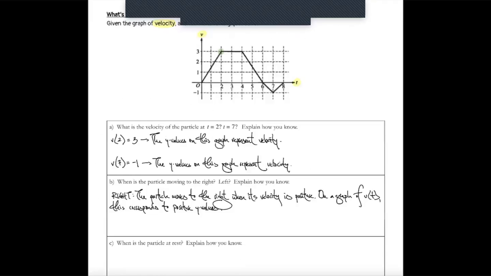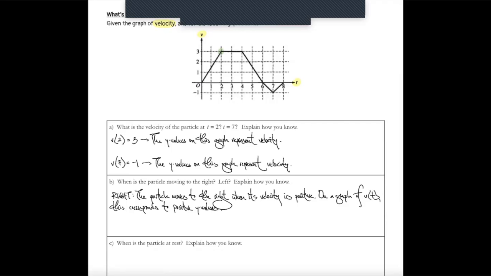Now I'm going to leave that there for just a second so that we can read it and digest it. Because I think a lot of us have been saying, oh, if it's moving to the right, it's a positive slope, and we've made that connection in our brain. What I'm asking you to do right now is disconnect that and insert some other words in there, because we're looking for something different since it's not a position graph.